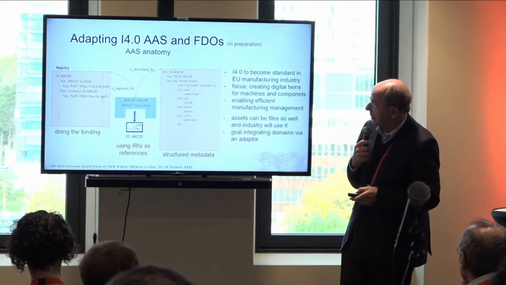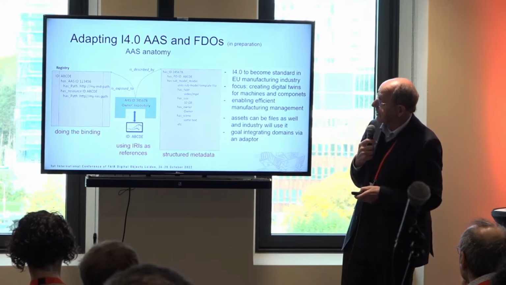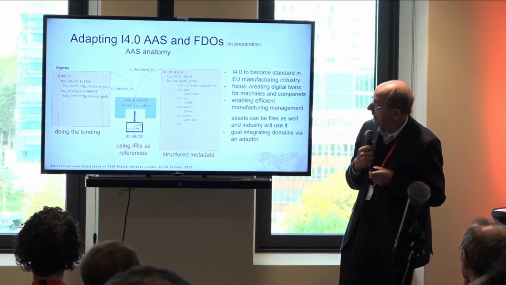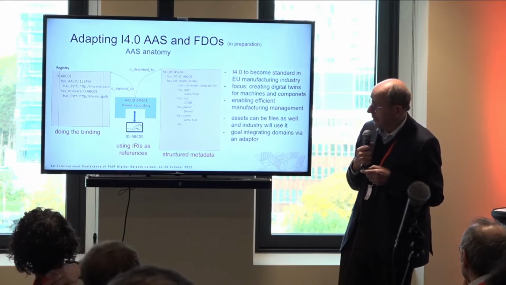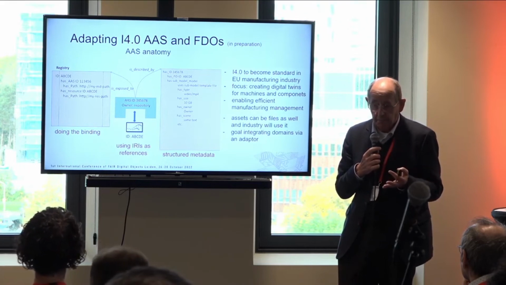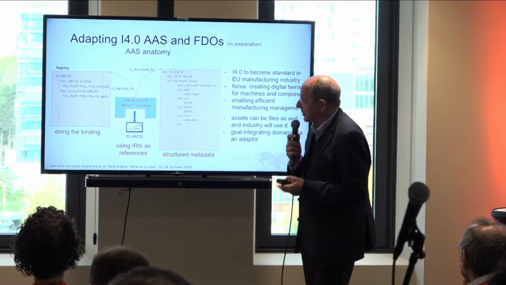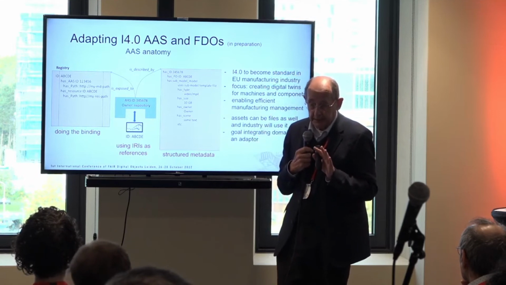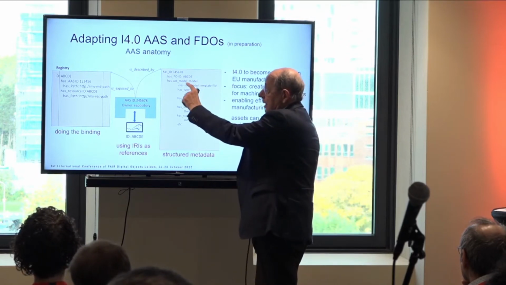Let me now go to the asset administration shell, as they call it, in Industry 4.0, which has basically the same function as the FDO. What is the difference? So you have metadata, and they're working on a nice structured metadata set, so with components, right?